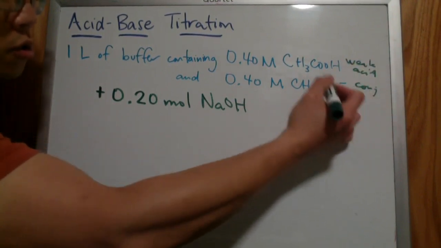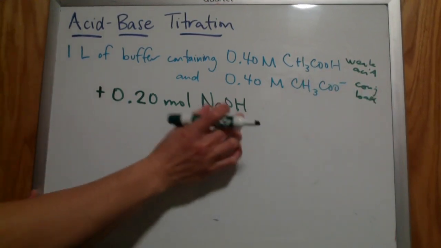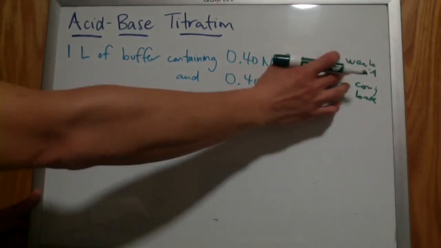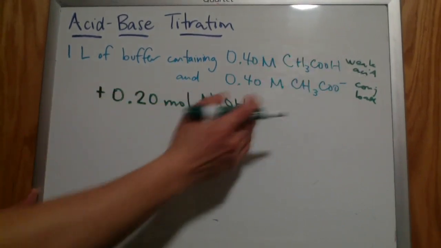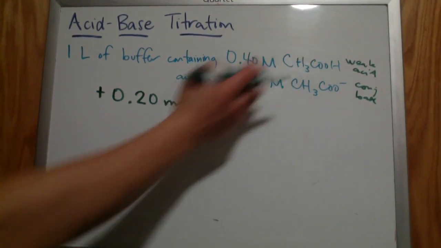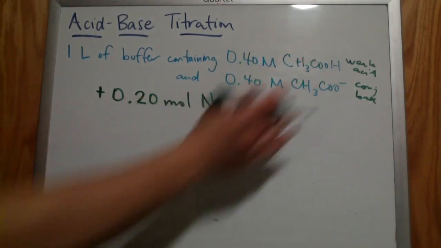So which of these two parts of the buffer would neutralize the sodium hydroxide? Well, if you guessed the weak acid, then that's correct, because remember, acids and bases neutralize each other as long as they're not related to each other. Remember, not related meaning they're not conjugate acid-base pairs.